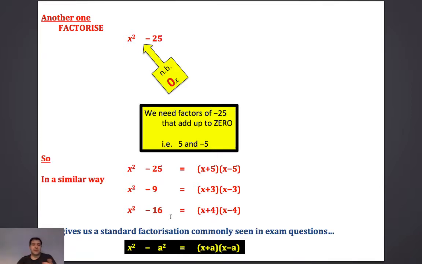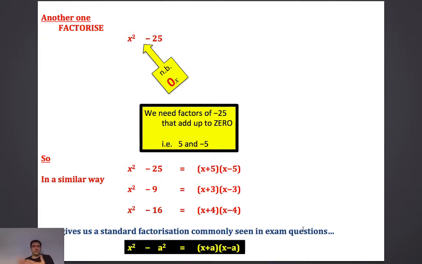And they're all of a particular type. These are all x squared minus something that happens to be a square number. 25 and 9 and 16 are all square numbers. So the general form is this: x squared minus some number squared is equal to x plus the number times x minus the number, where the number in the brackets, plus and minus, is the one that this number here is the square of.